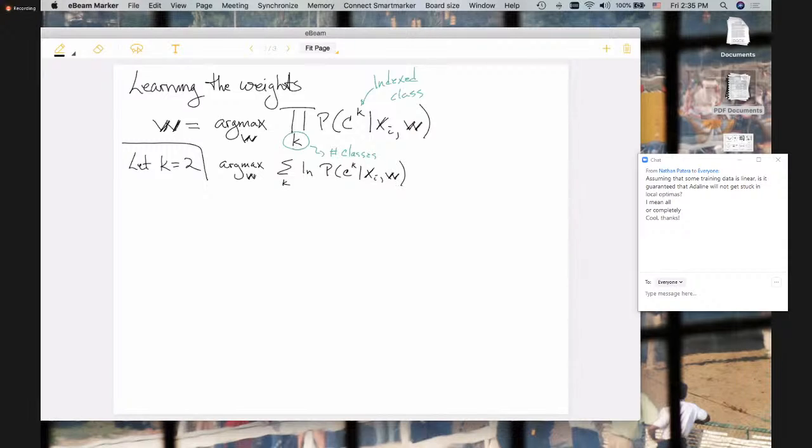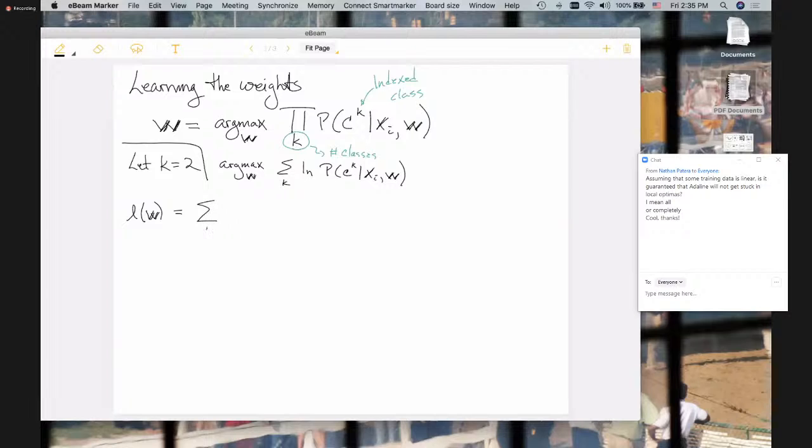And then we're going to define a likelihood function as a function of these weights. And what I'm deriving is a maximum likelihood estimation rule. In other words, I want to find the most likely weights that will enable us to do classification. And we will define that as this.